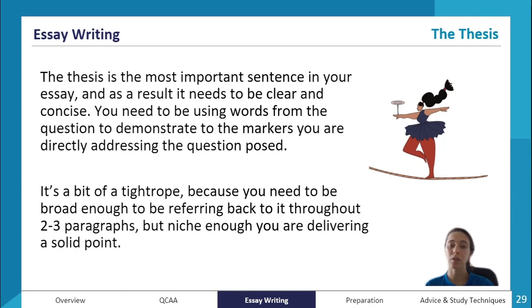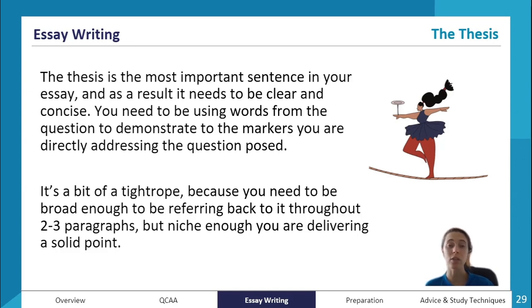You need to be making it broad to encompass all 3 characters, or just making it so broad that you don't actually refer specifically to the character names, but talk about that idea of the role of women generally and leave those specific characters that you'll be exploring to the signposting that you may do in your introduction to outline your points.